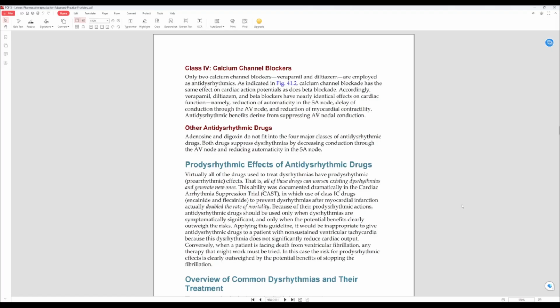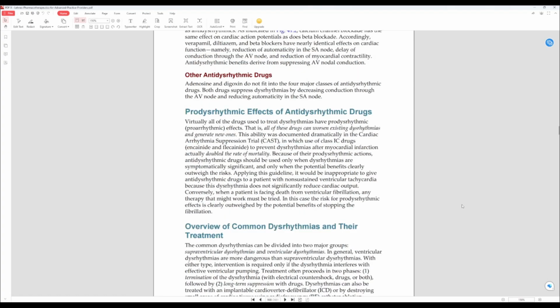Accordingly, verapamil and diltiazem, as well as beta blockers, have nearly identical effects on cardiac function, namely reduction of automaticity in the SA node, delay of conduction through the AV node, and reduction of myocardial contractility. Antidysrhythmic benefits derive from suppressing AV nodal conduction.